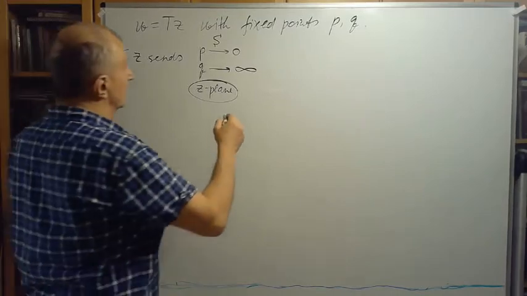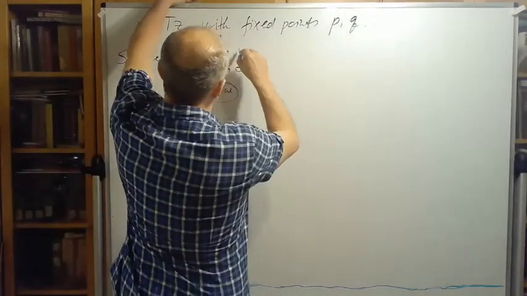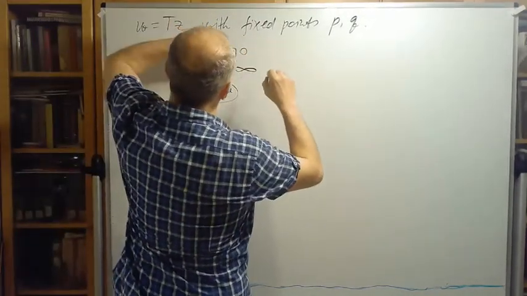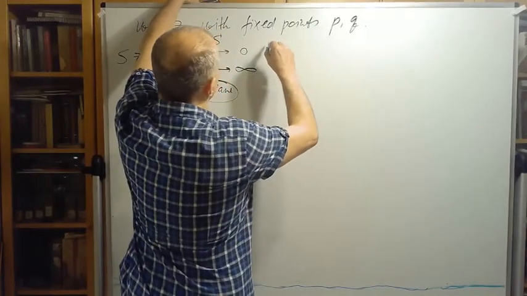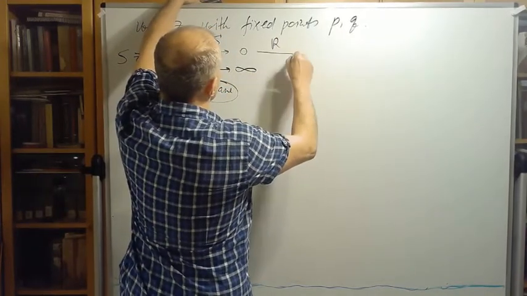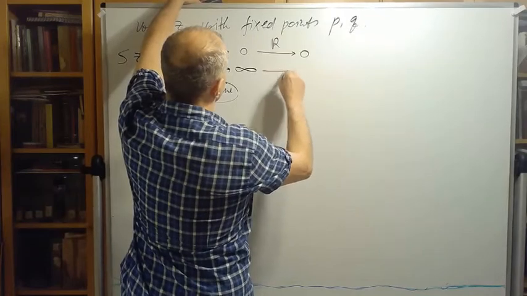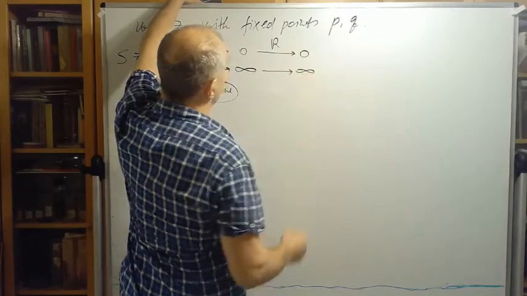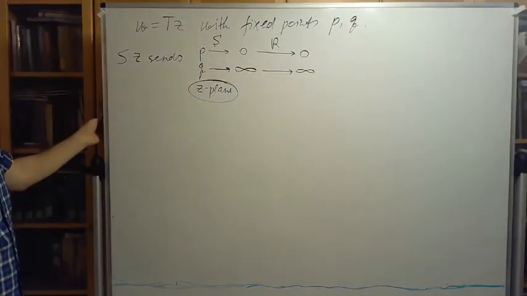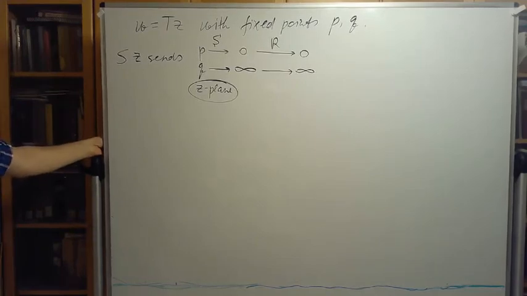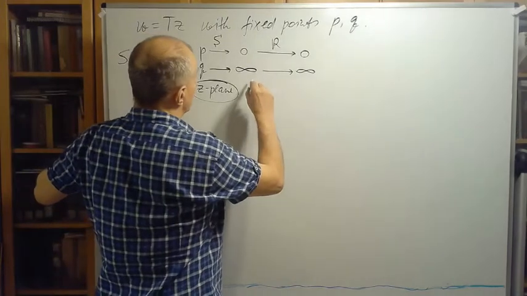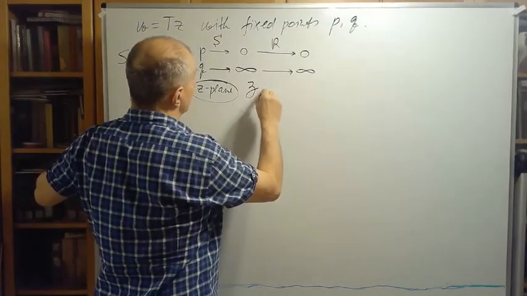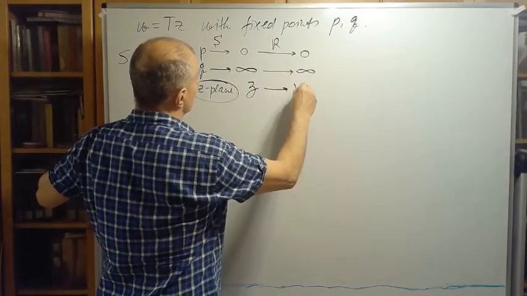Then there will be a transformation R that keeps these fixed points. But this transformation is a transformation in this, we will call it the Z plane, which is being transformed into the W plane.